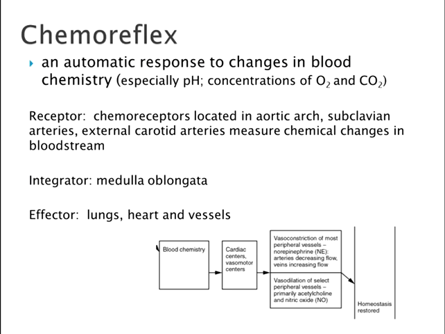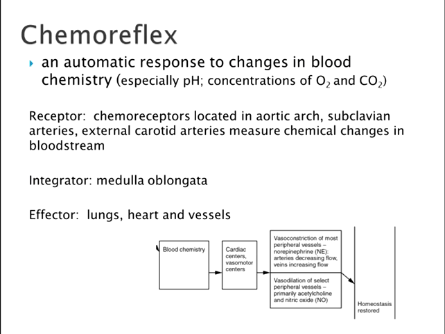Your peripheral chemoreceptors are going to be monitoring oxygen. pH is actually going to be monitored by the central chemoreceptors as well, because of the CO2, and we'll talk more about this when we get to the respiratory chapter, but CO2 influences pH, meaning when you have more CO2, you have a lower pH. When you have less CO2, you have a higher pH, and we'll talk about that relationship.